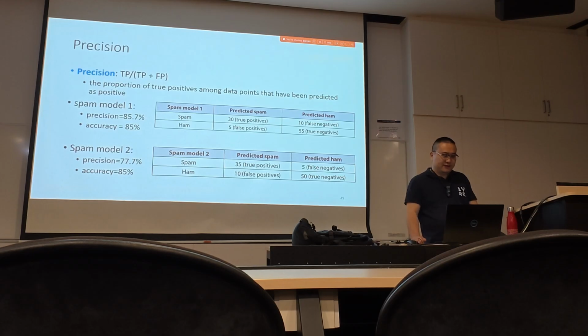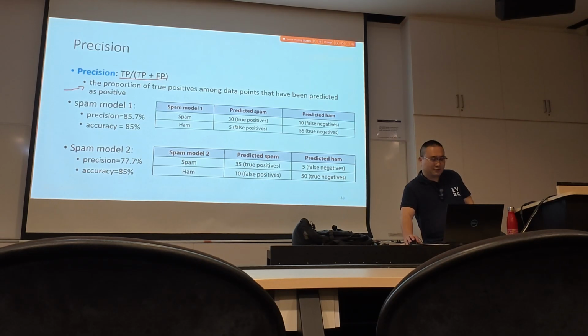Besides recall, another important metric is called precision. In the same way as recall, instead of remembering the formula, the key is that if you understand the definition, you can easily rewrite the formula. The definition of precision is that you want to calculate the proportion of true positives among data points that have been predicted as positive.